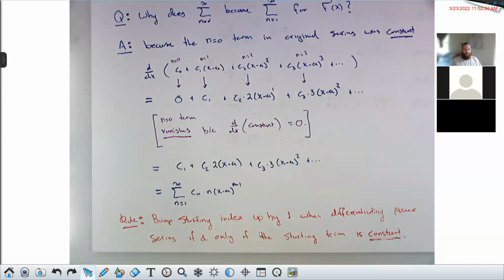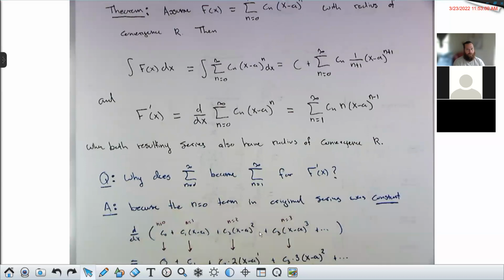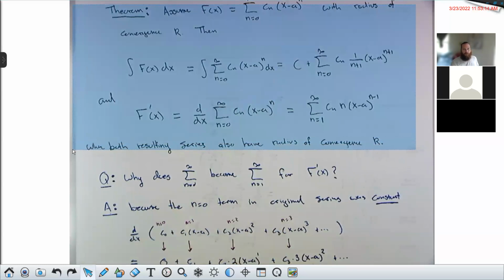I'll show you an example or two. Now, if you're wondering what parts of this do I need in my notes, what parts of this do I need to remember for the test, let me show you. This. Of course, the theorem itself, hugely important. If and only if the starting term is constant, that's what that said. So what do we need in our notes?